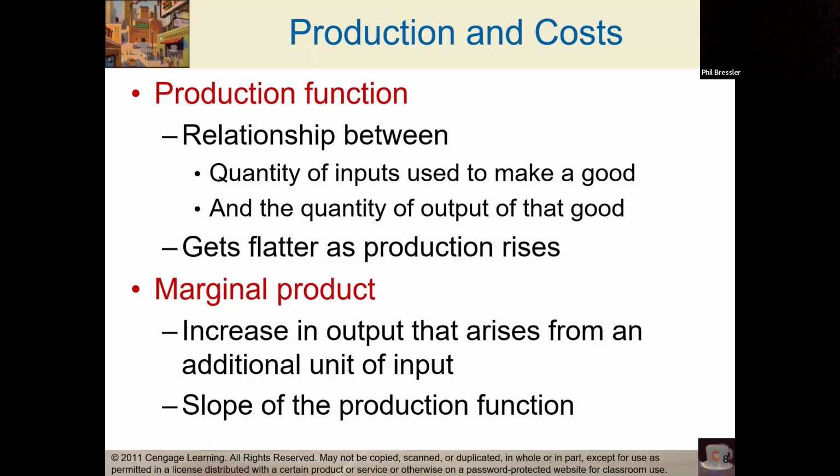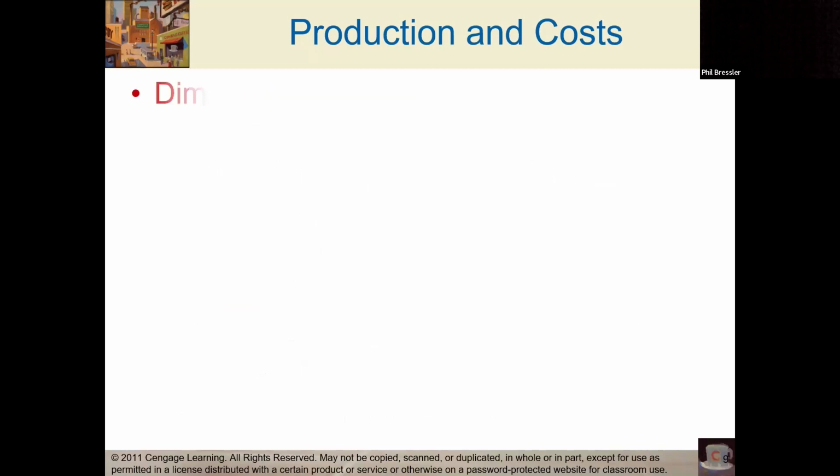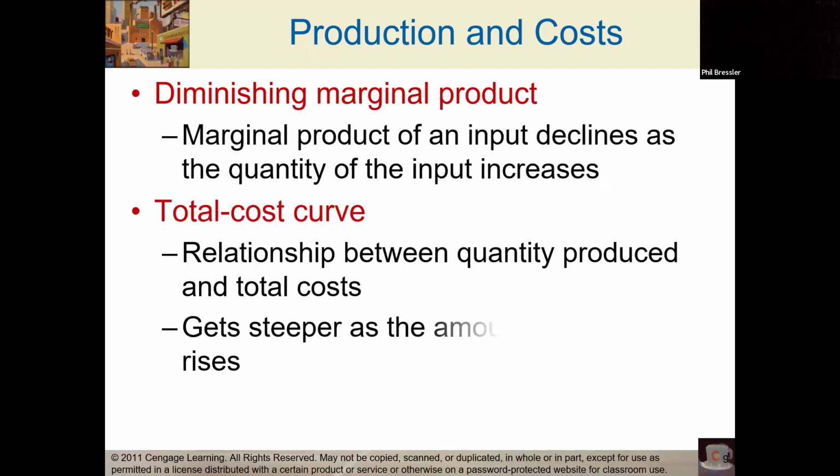So I would say an additional output that arises from additional input. And remember, the marginal productivity curve rises initially and then decreases. All right, diminishing marginal product.